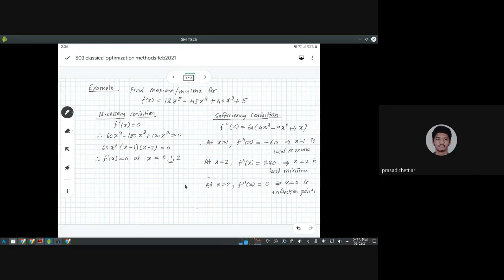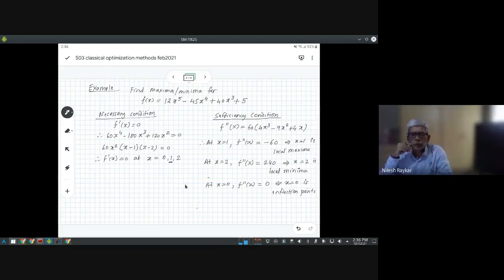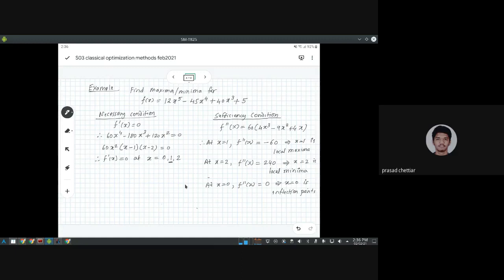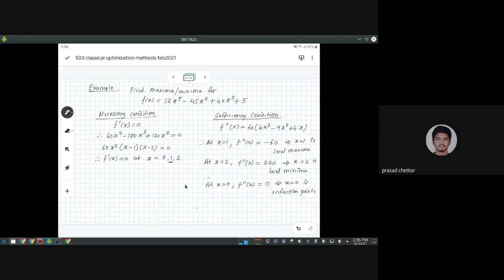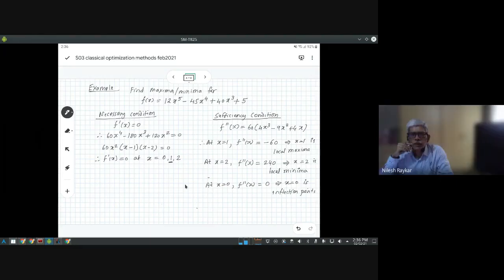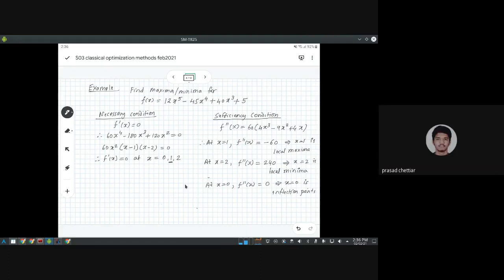If, for instance, the point of zero is a point of maxima, then around the point, at zero plus h and zero minus h, the second derivative should be negative. So if you move ahead of this point and move backside of this point, in both cases the second derivative should be negative for maxima.